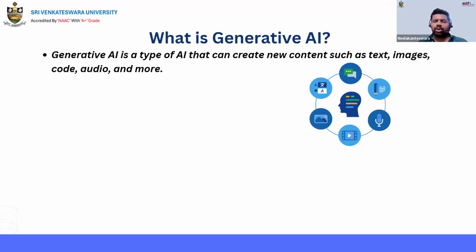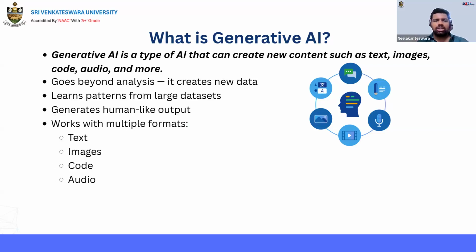That is how it generates. That's what I mentioned, it goes beyond analysis. AI or ML is used for analysis or making predictions, but this goes beyond that. It creates new data.